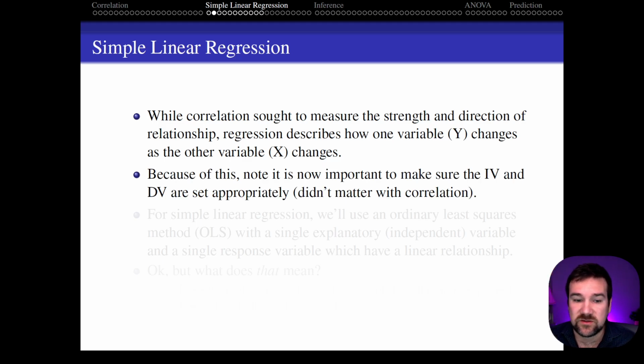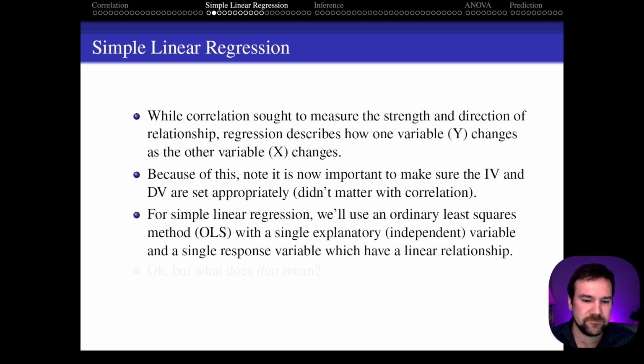We look at the slope of the line, we look at the intercept of the line, etc. Because of this, it's more important now to make sure that if I have an independent variable and a dependent variable, they're denoted correctly. With correlation, it didn't really matter which one was which, but in regression, it is important to make sure the independent variable is listed as X and the dependent variable is listed as Y.